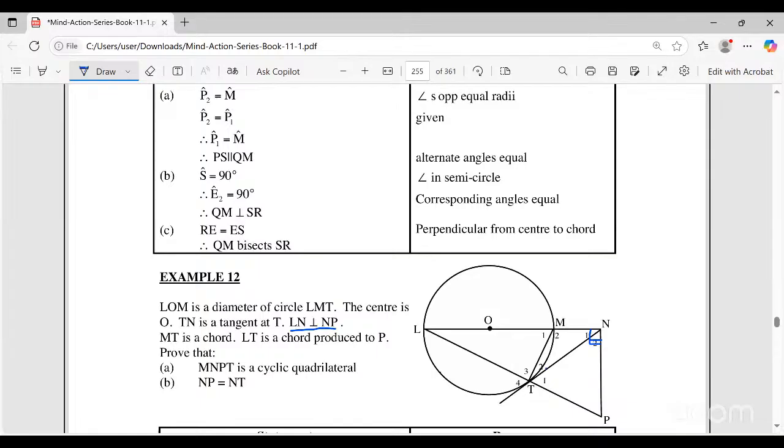Because opposite angles have to be 180, because supplementary. Yes, I agree that opposite angles of a cyclic quad are supplementary. But the opposite angles you are talking about are these ones, right? Yes. So now I want the reason behind this 90 degrees. Where did you get this 90 degrees here?